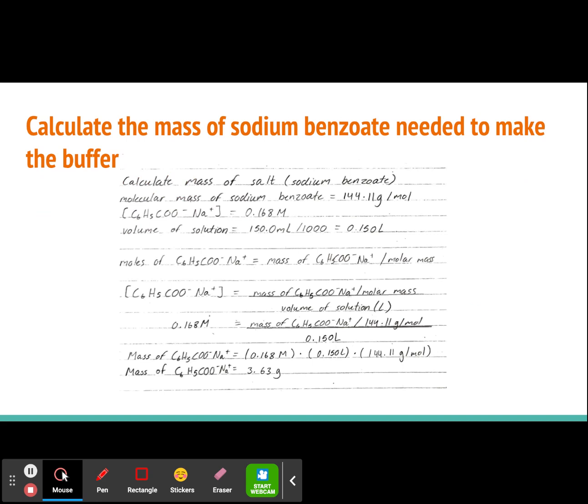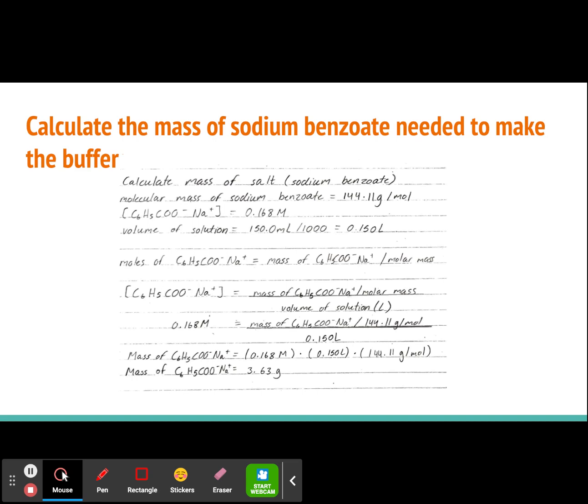So then we have to solve for the mass of sodium benzoate needed to make the buffer, which is what the question was asking us. To do this, we first need to get the molecular mass of sodium benzoate, which is 144.11 grams per mole, and we can do this by using the periodic table and adding the different elements in the compound together.